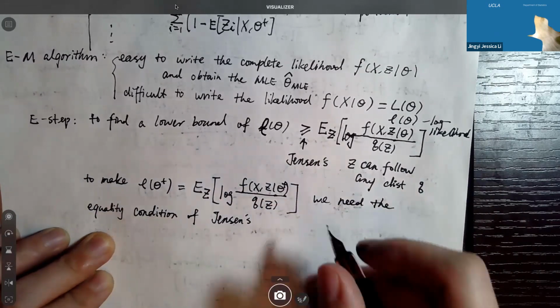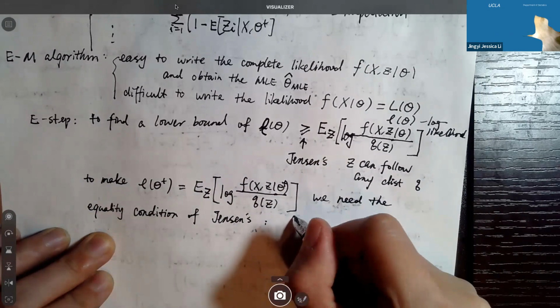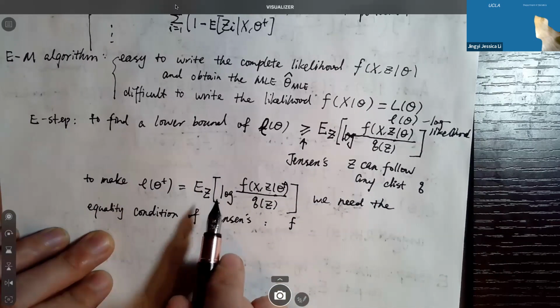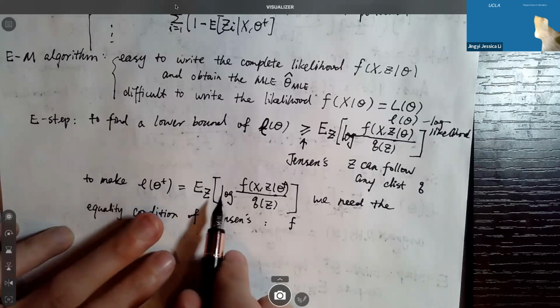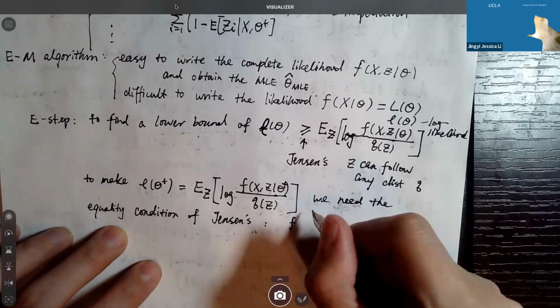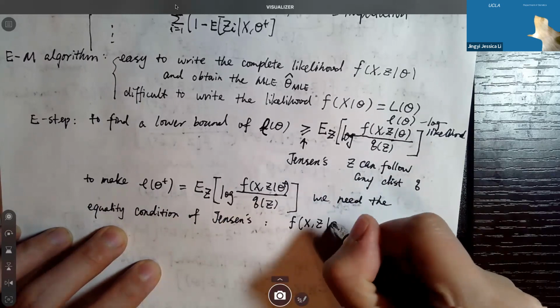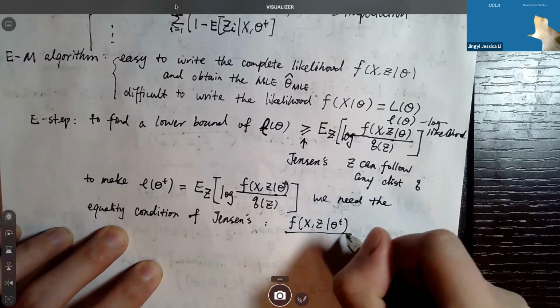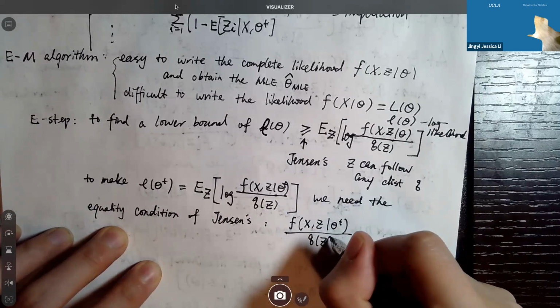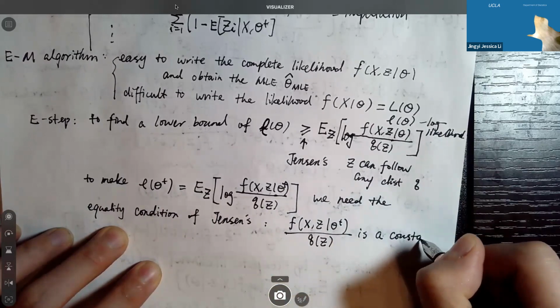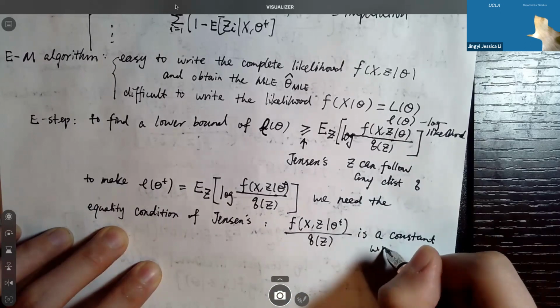That is actually this, because in Jensen's we're swapping log and expectation, right? When we can swap them and still have equality, it's because what's inside here, the ratio, is a constant with respect to z.